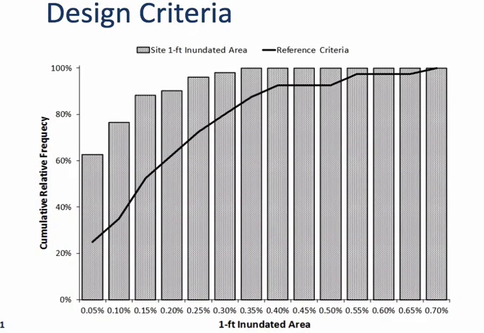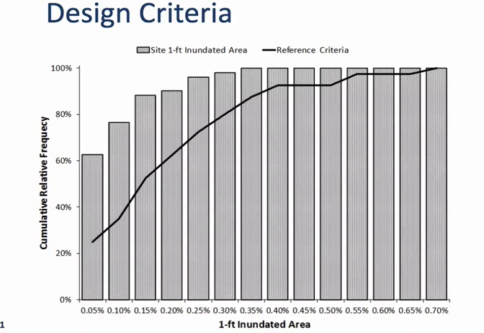This chart shows an aggregation of several hundred simulations of that example landfill. The reference criteria, the black line here, shows the cumulative relative frequency of different 30-centimeter floodings across that site. On the x-axis, how much area is flooded to 30 centimeters. On the y-axis, what is the cumulative frequency of that occurring across our models?